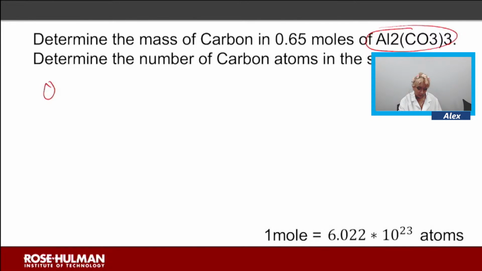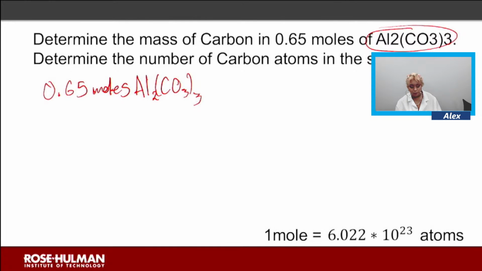So we start out with moles of this compound, and we want to change that over to what the mass is, so we're going to get the answer in grams.